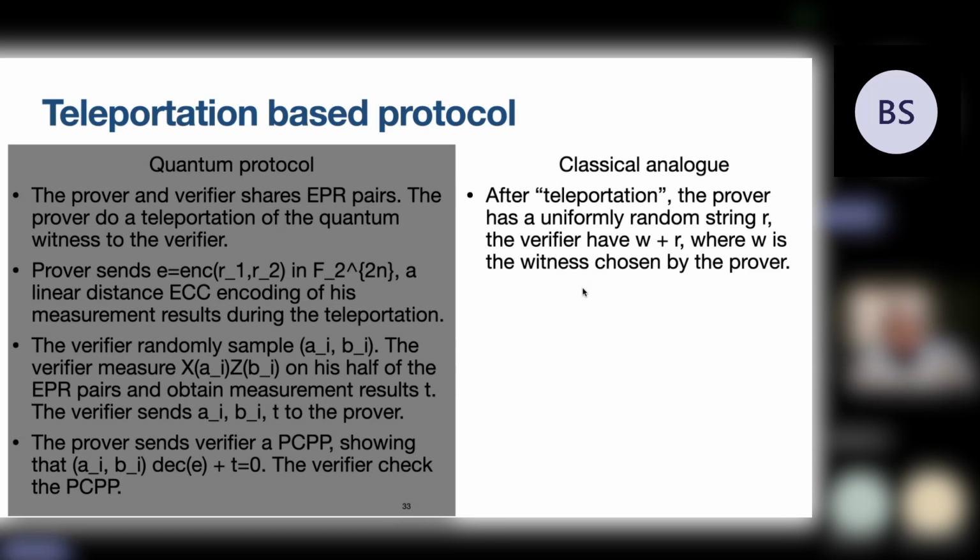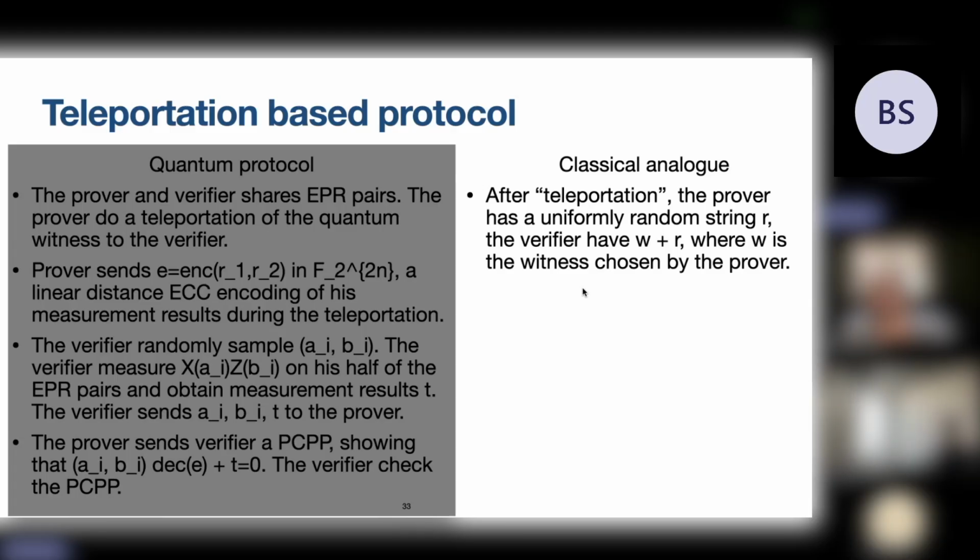So to make things easier, you can think now the prover has a uniformly random string R, and the verifier has a string W plus R. And because R is uniformly random, both prover and verifier are now holding uniformly random strings from their perspective.